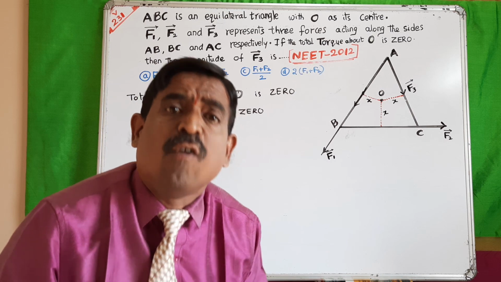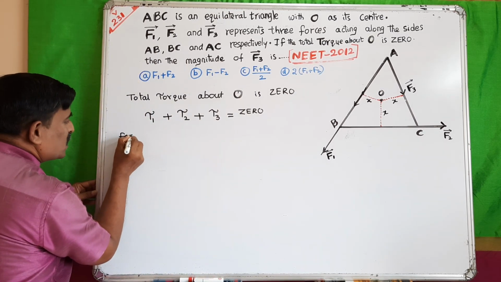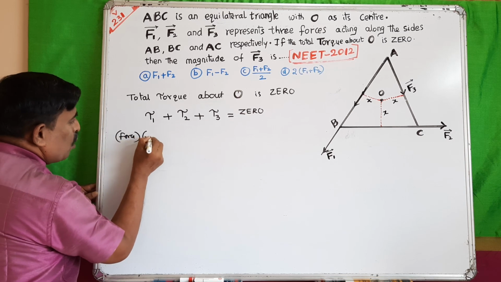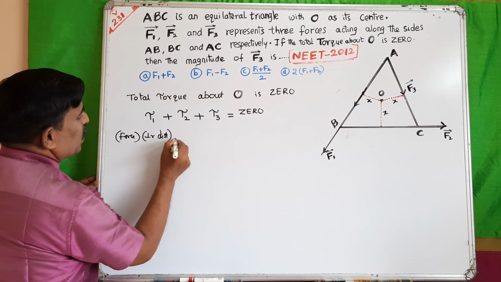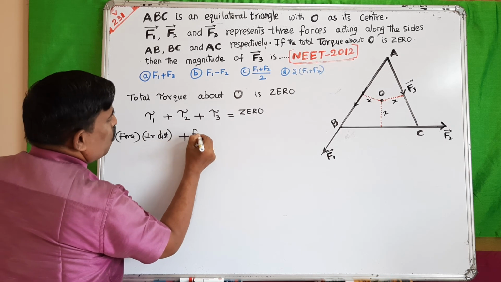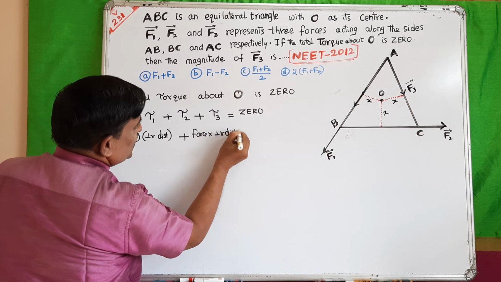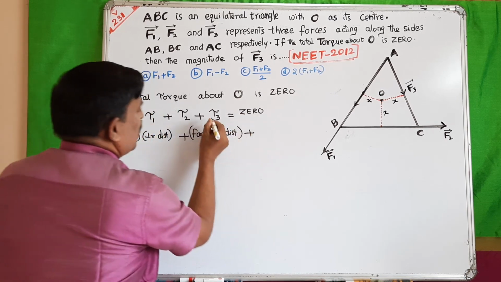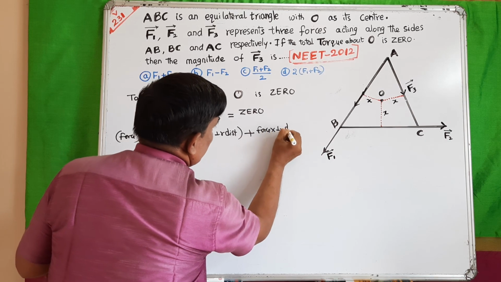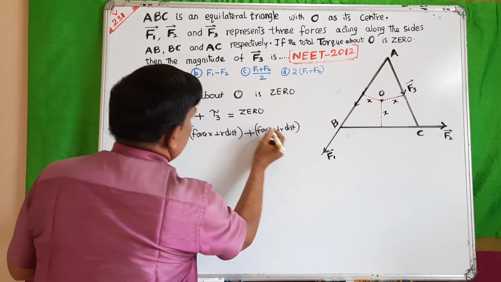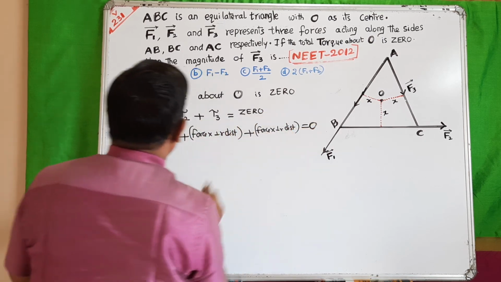Torque means force into perpendicular distance from the axis of rotation, plus torque due to the second force, force into perpendicular distance, plus torque due to the third force, force into perpendicular distance, that is equal to 0.